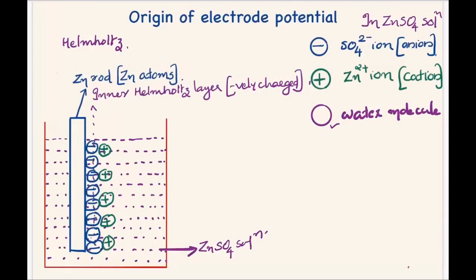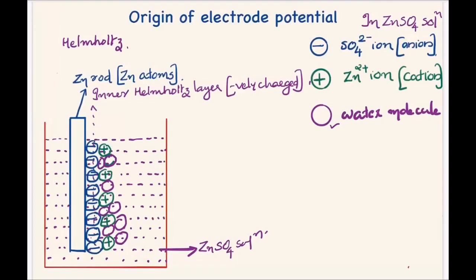When cations are getting adsorbed on the surface of anions, those cations will be solvated. That means water molecule will be there along with the positively charged cations, or we call those cations as solvated cations. The solvation term came because the water molecule is the solvent.